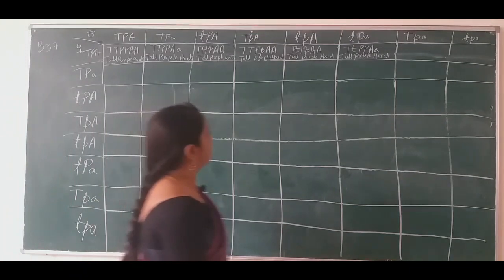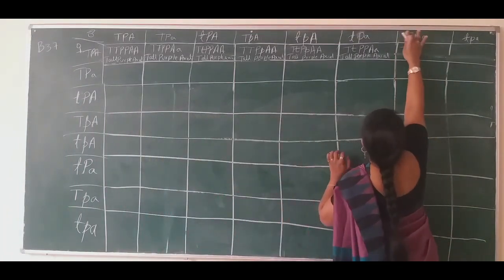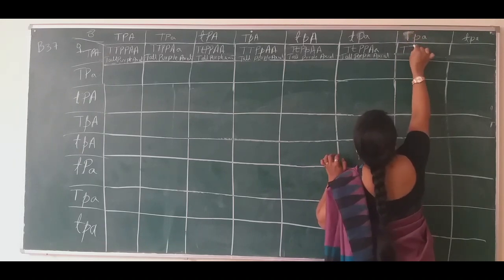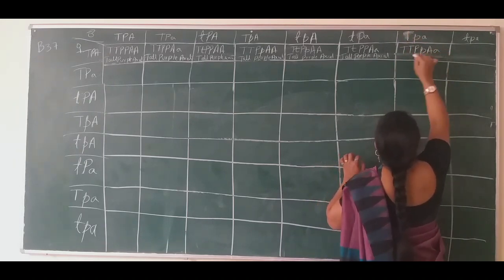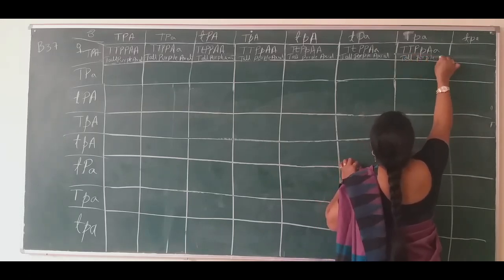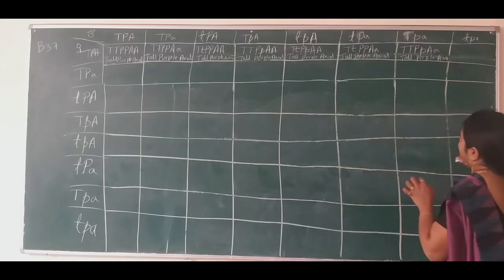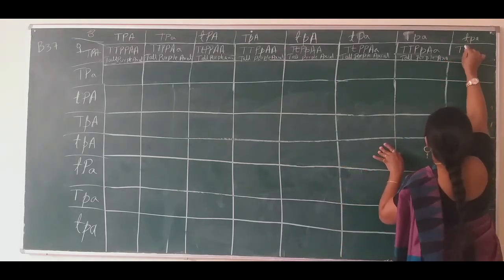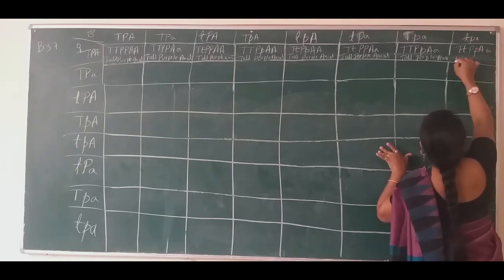Tall, purple, axial. Capital T, this is capital T, okay. Capital P, small p, capital A, small a. Tall, purple, axial. And then capital T, small t, capital P, small p, capital A, small a.